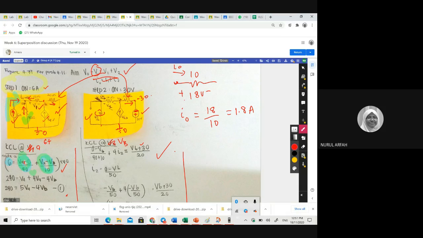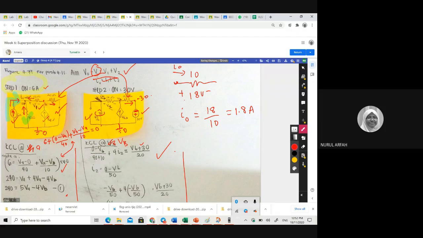So 6 plus 0 minus VA over 40, and then plus VB minus VA divided by 10 equal to 0. You need to follow passive sign convention if you want to change all the current direction. But if you do the arrangement again, you will have the same as what you have here. Okay? Is it the same? Can you see?